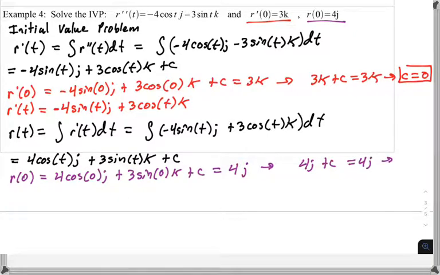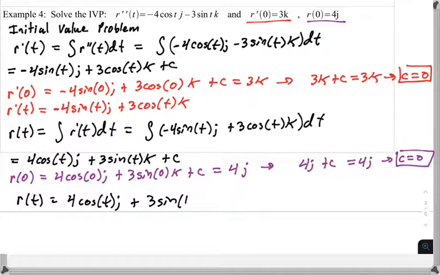Solving this for the constant of integration, again, it happens to be 0. It doesn't happen every time, but our constant of integration is going to be 0. And so now we have our original position function, which is 4 cosine of t, and that's your j component, plus 3 sine of t, and that is your k component.